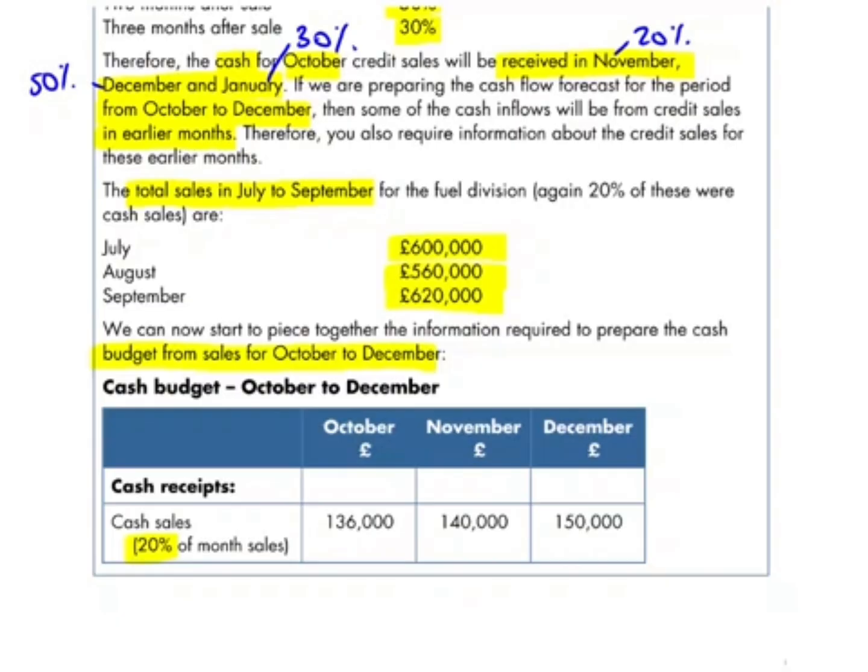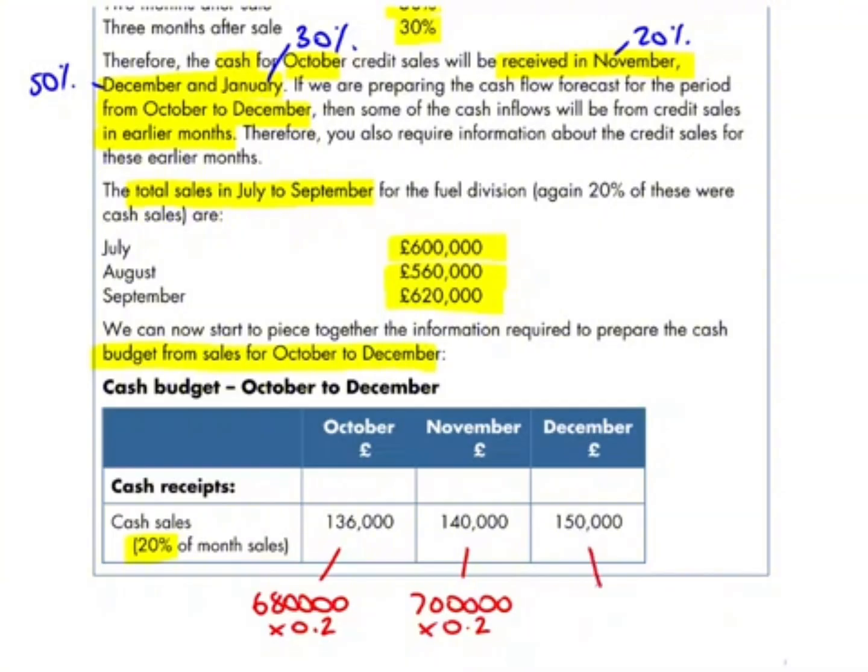So the receipts from those cash sales in October is going to be 680,000 multiplied by 20%. So from cash sales in October, we will be receiving £136,000. In November, it would be 700,000 multiplied by 20%. So the cash receipts from cash sales in November is 140,000.